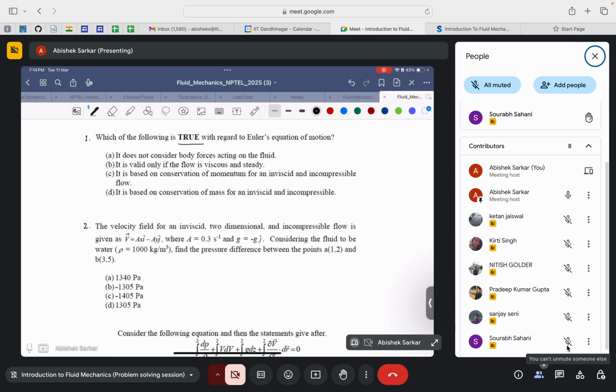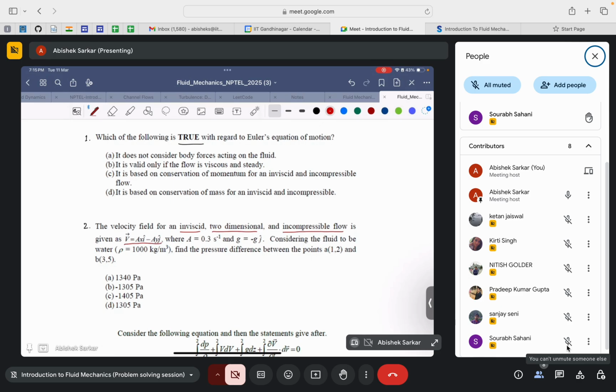Okay, the velocity field for an inviscid two-dimensional incompressible flow. There are a lot of assumptions to take into consideration. It is inviscid, two-dimensional and incompressible flow, and the velocity field is given by v equal to ax i cap minus ay j cap. It's a very simple velocity field.